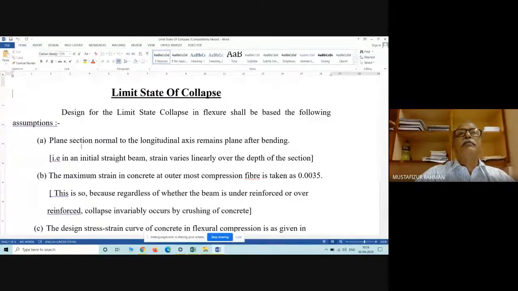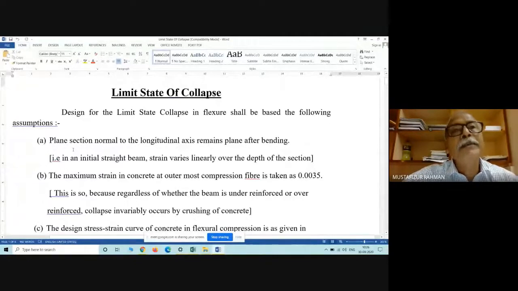Before the application of the load, the beam is not getting any bending, and there will not be any deflection. But due to application of the load on the member, the beam has a tendency to get deflected. Because of the deflection, some part of the section is subjected to compression and some part to tension.